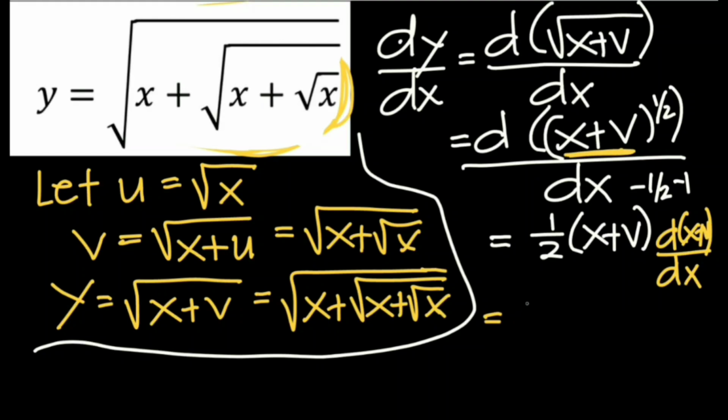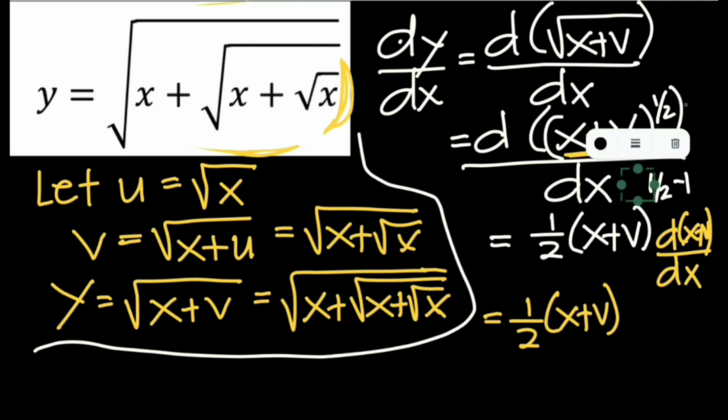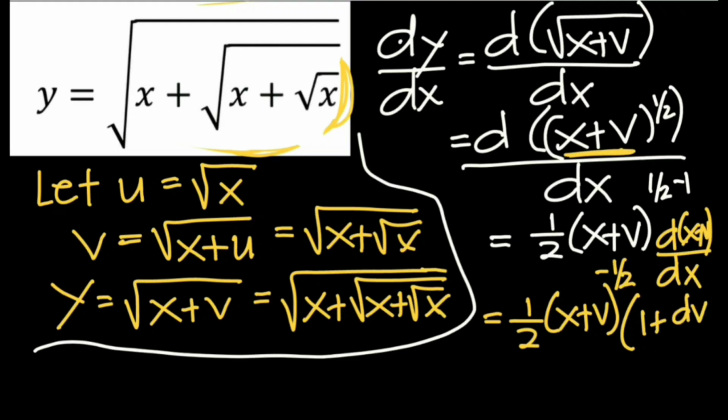So this would become 1/2 times x plus v to the 1/2 minus 1. So 1/2 minus 1 is just negative 1/2. Then the derivative of x plus v is 1 plus the derivative of v with respect to x.